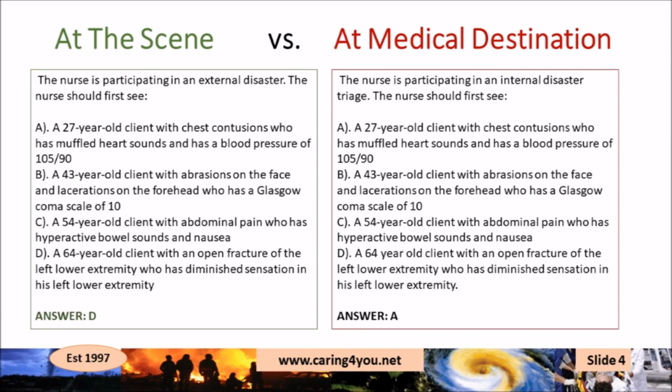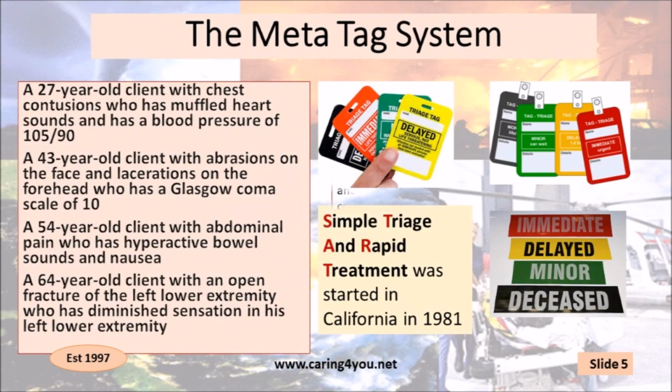A 54-year-old with abdominal pain who has hyperactive bowel sounds and is exhibiting nausea, that would be a G for GI. And D, a 64-year-old client with an open fracture of the lower extremity, we would put an E for extremity. So A is T, B is I, C is G, and D is E. Let's pause for a moment and do question 15.